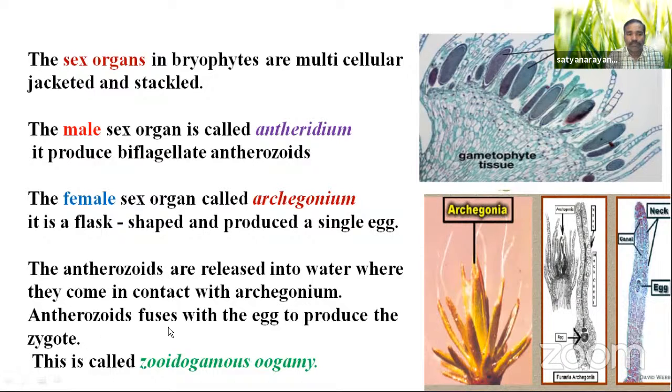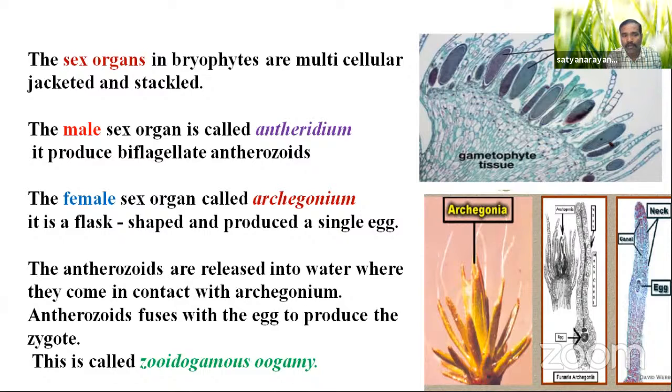So when the antherozoid fuses with the egg cell, it forms the zygote. This kind of sexual reproduction is called zoidiogamous oogamy. Zoidiogamous means motile gametes, movable gametes, are present, because the antherozoids have two flagella. With the help of the flagella, they are moving.